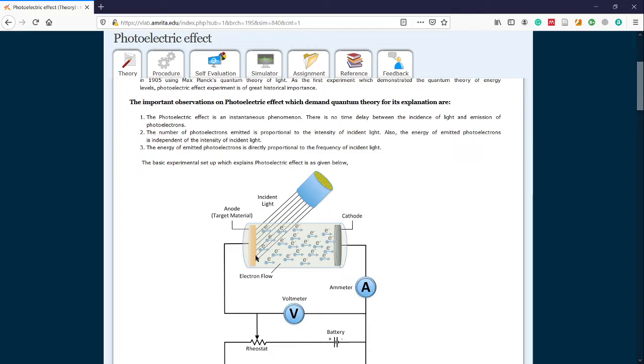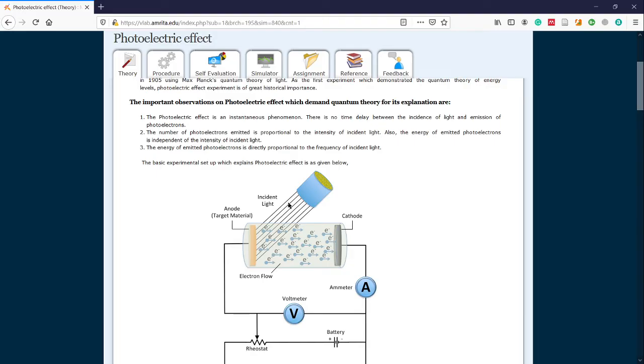This minimum frequency for which there will be emission of electrons, that means the photoelectric effect will be observed, is termed the cutoff frequency, and it is related to the work function of the material. The work function of the material determines at which frequency the photoelectron will be ejected.